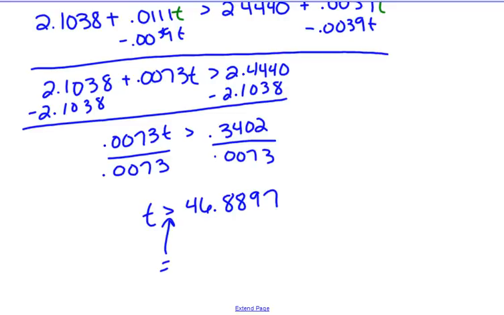Since 2000 is when our data was given to us, and we know sometime in that year, 46 years later, and it's a decimal, right? So it's sometime during that year.